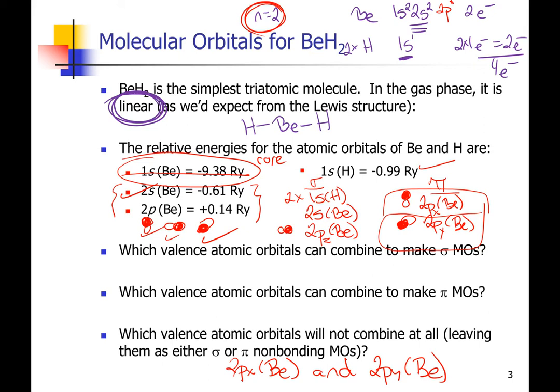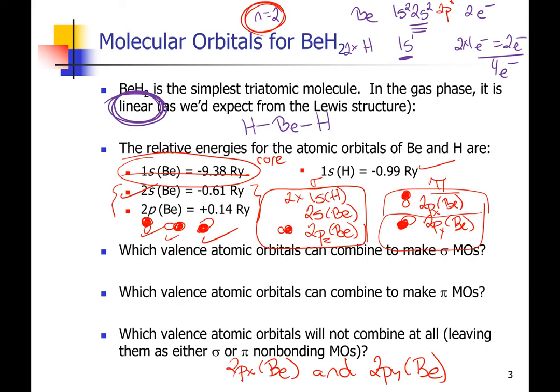Now that's slightly far away from the 1s on the hydrogen. That's a gap of 1.15 Rydberg, which is a little bit over our cutoff, but still pretty close to it. But it's less than a Rydberg away from the 2s on the beryllium. So we can, in fact, still bundle all 4 of those atomic orbitals together.